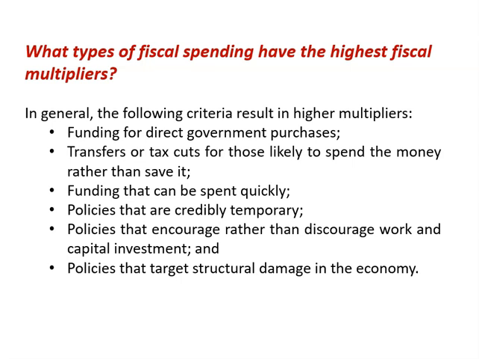Funding that can be spent quickly. 4. Policies that are credibly temporary. 5. Policies that encourage rather than discourage work and capital investment. And 6. Policies that target structural damage in the economy, such as funding for rebuilding in the aftermath of hurricane or tornado damage to communities.